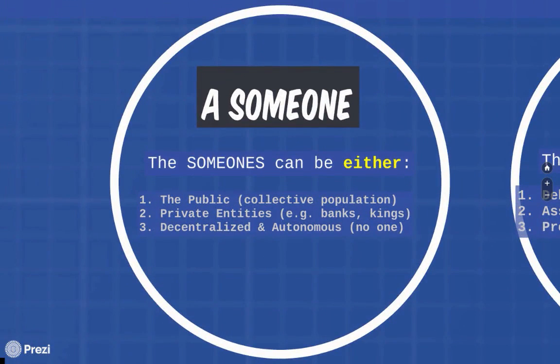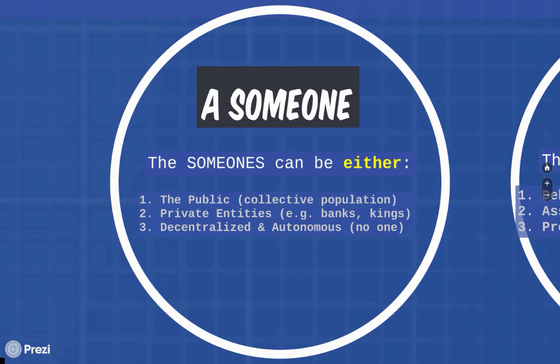So cool. Let's first look at the someone. The someone that owns the system can either be the public, in other words, the collective population. And by that, I'm not talking of the government. I'm not talking of a small bunch of elected officials, and also maybe what you call the deep state, the real controllers of any particular nation, the people who are always there, who finance the elections, who nominate the parties and the candidates, the non-elected, behind the scenes government, the shadow government.